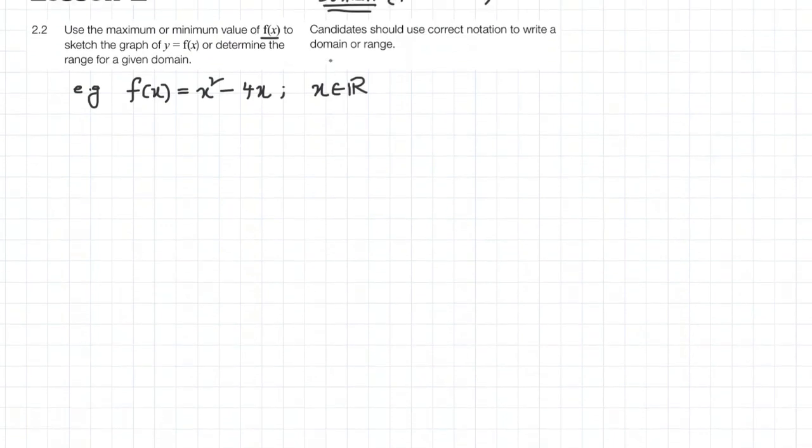So x can take any real value. Sometimes you can write it in inequality notation as well, or negative infinity to infinity. But the additional mathematics course does not restrict you to interval notation. So you can use either inequalities or set notation. It's up to you.